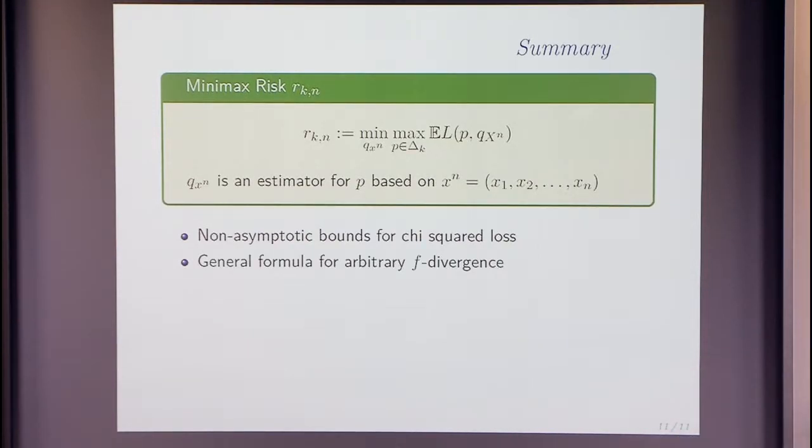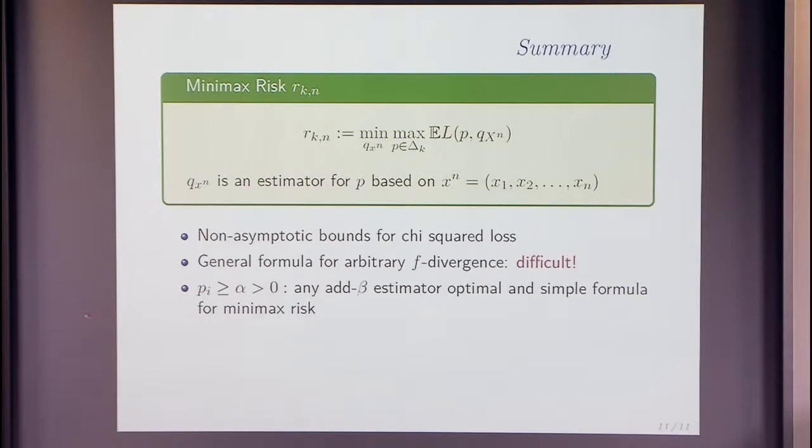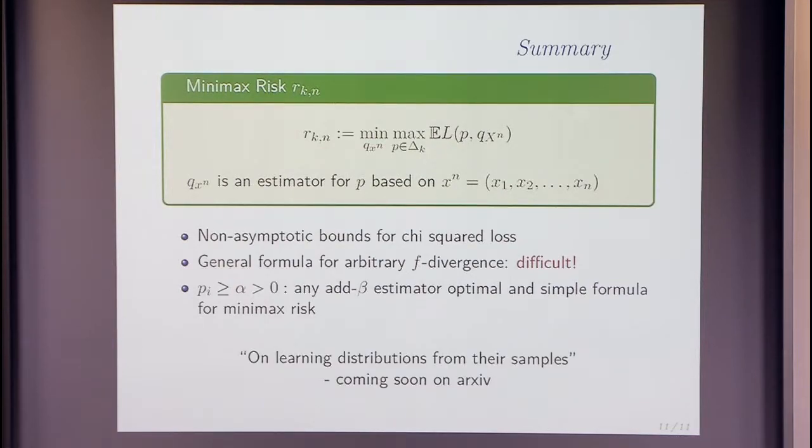I suggested that a general formula for a wide family of loss functions, such as an arbitrary f divergence, seems to be a difficult prospect. And that's because of the erratic behavior at the boundaries of the simplex. So if you avoid the boundaries, then any add-beta estimator is optimal. And there's this very simple formula for the minimax risk in terms of the loss function. We have all these results and some more on other notions of distance, L1 distance and other distances coming up on arXiv soon. Thank you very much.